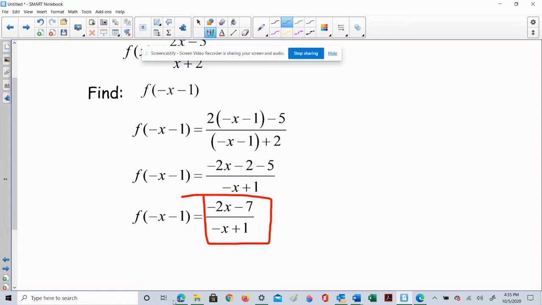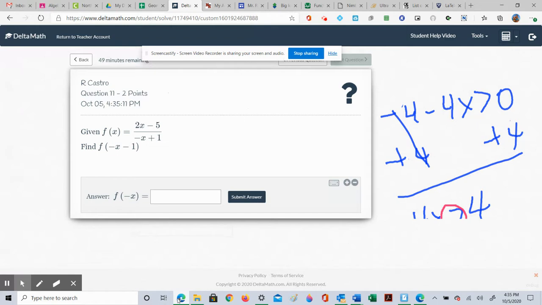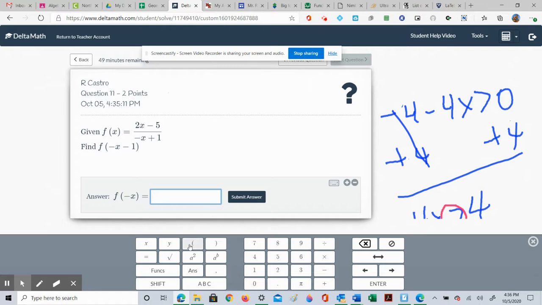Go back to our answer key. Now to put in a fraction, use the parentheses. All right. Right there, negative 2x minus 7, I believe it was. Negative 2x minus 7. Close the parentheses.